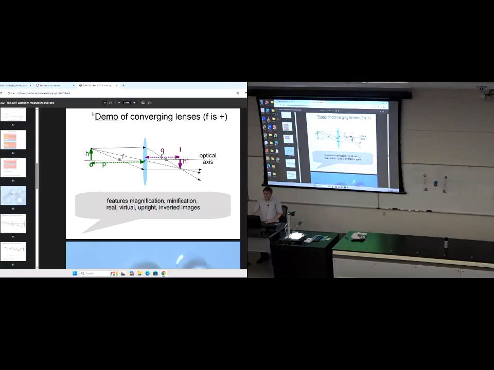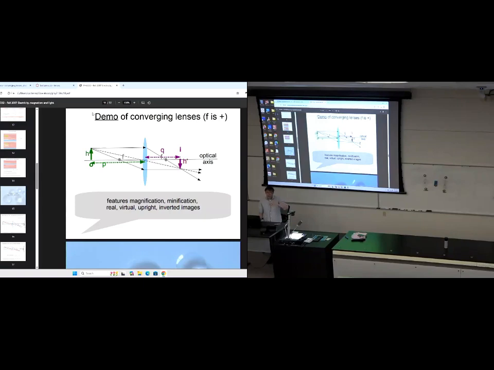One of the interesting things about a converging lens, and it parallels the converging mirror, is that depending on the object position, they're both able to magnify and minify, to increase the size of the image and decrease the size of the image.